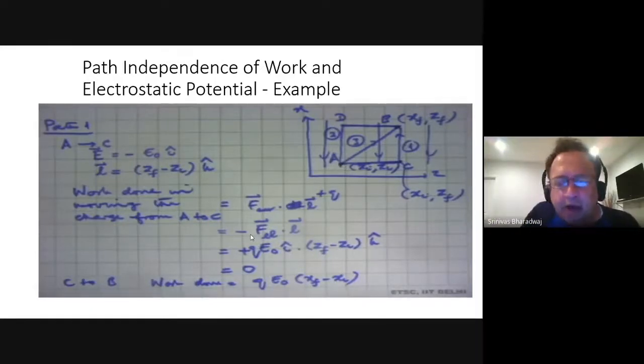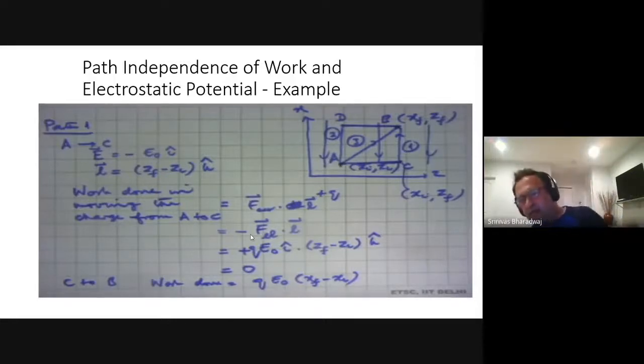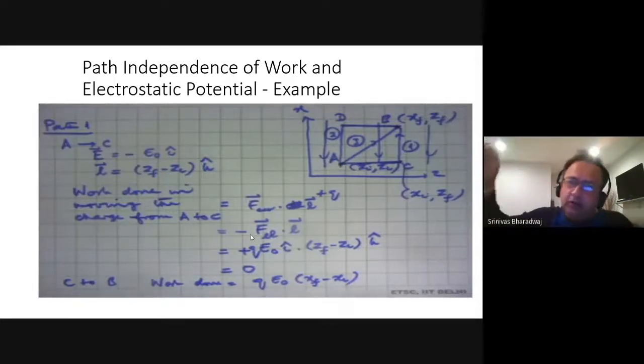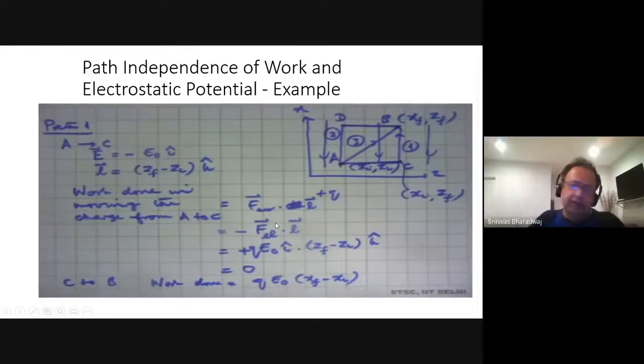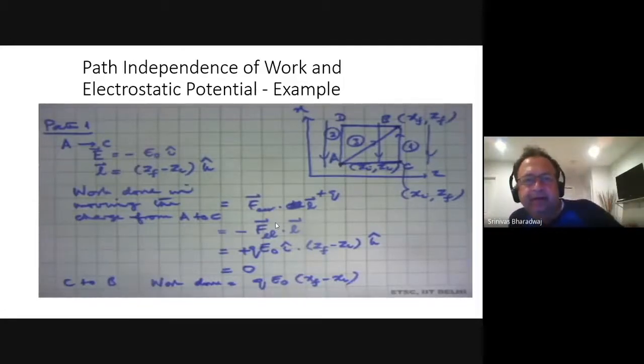Because if you want to bring a unit charge from infinity to a point on that surface, you will do a certain amount of work, and the same applies to every point on that surface.